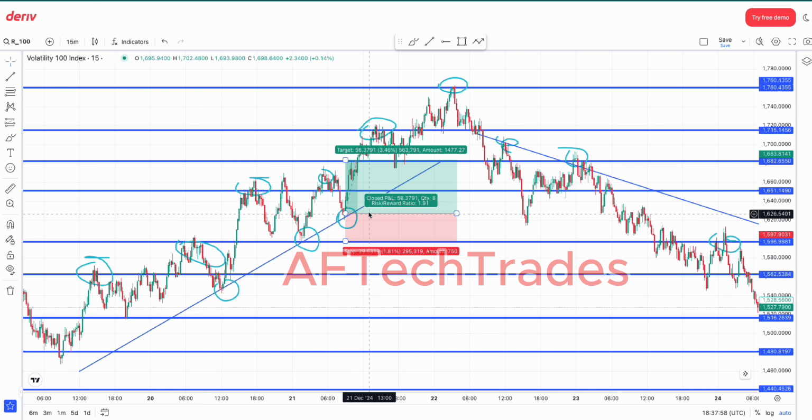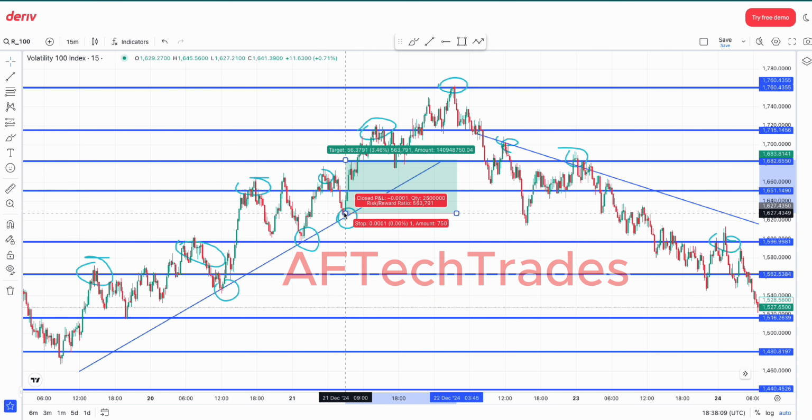Hope you see what I'm saying. You see? So immediately after you notice that this market is in profit, you can move your stop loss to break even. You tighten your stop loss to break even. So if you want to stay longer in this market, like I always say, immediately you see that you are in profit again, you move your stop loss again to the next psychological level.